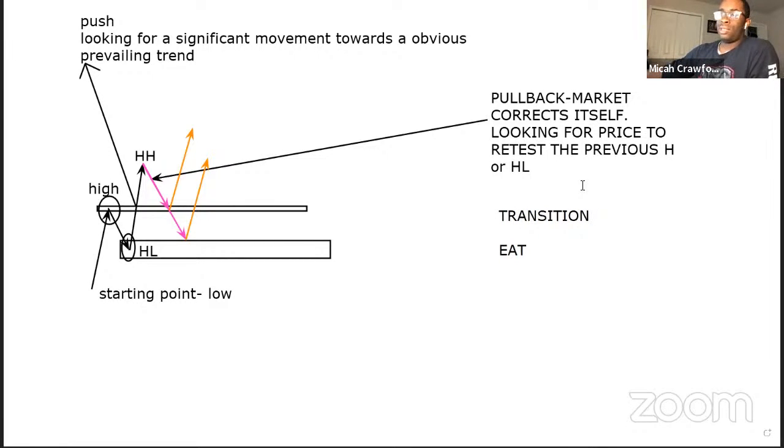Every single time, I look for the same thing every single time. It's nothing new.